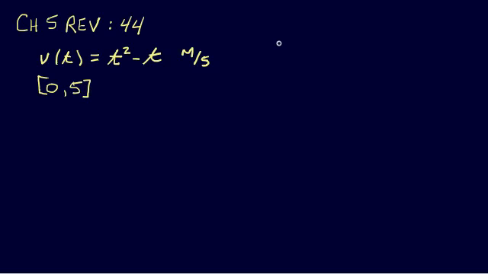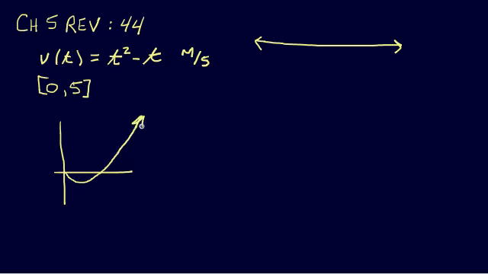Now this function, t squared minus t, we're talking about a particle moving along a line, and the function t squared minus t takes on negative values for a while, and then it begins to take on positive values.